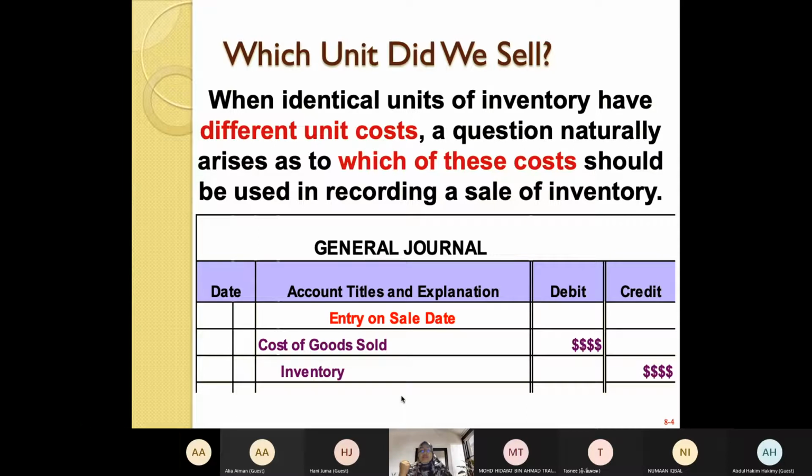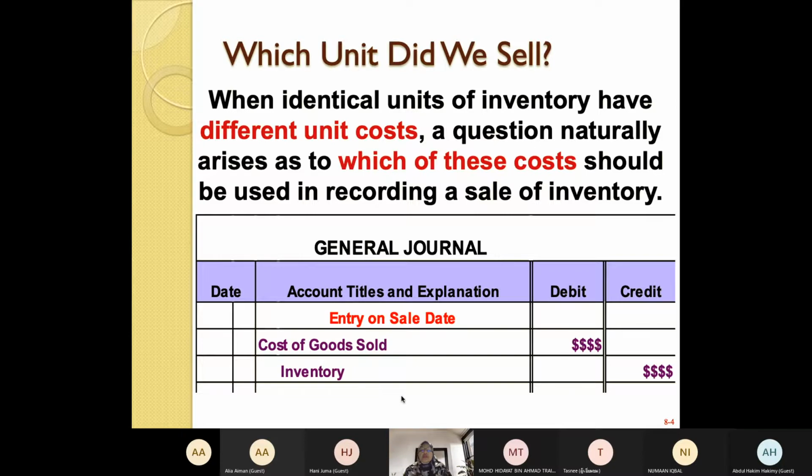Especially at a second-hand motor vehicle shop, they could have different models, different costs, and different selling prices, so they have to identify very specifically which motor vehicle is sold and what the cost of the goods sold is. So that's why we are going to look into this chapter. When there's a cost of goods sold, you have to identify the cost of the goods.